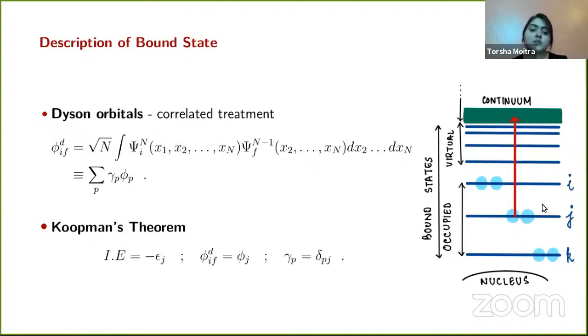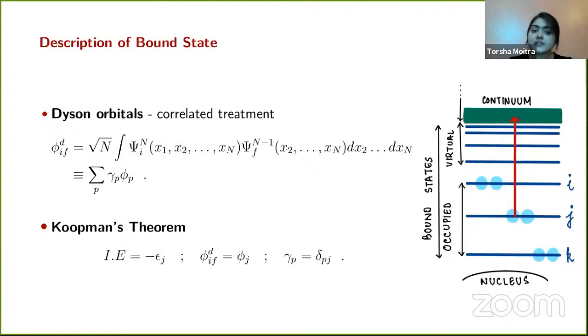Under this situation, the ionization energy of the system is equal to the negative of the jth molecular orbital energy. This is also what is stated by Koopmans' theorem. We will use this Koopmans' theorem to treat the bound state using Hartree-Fock molecular orbitals and DFT molecular orbitals.